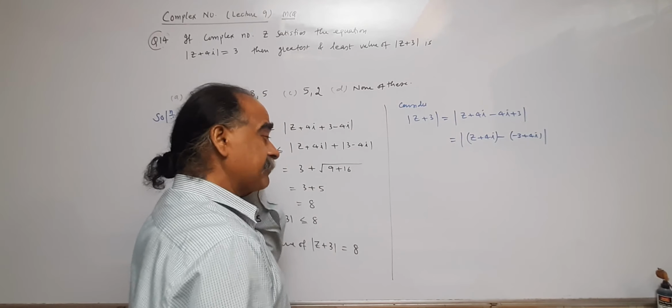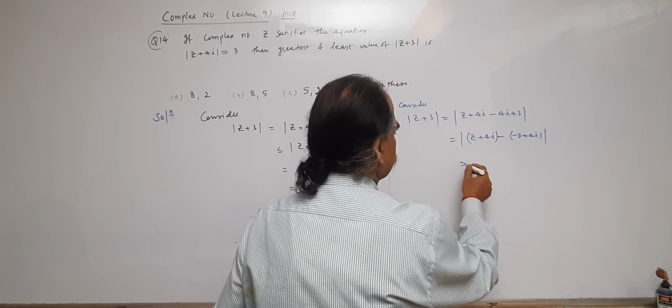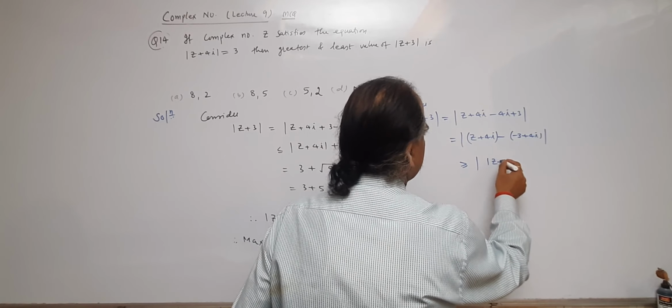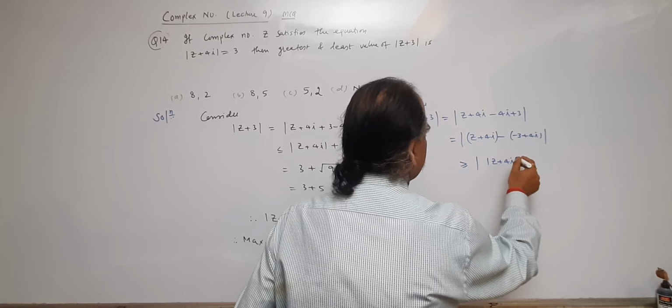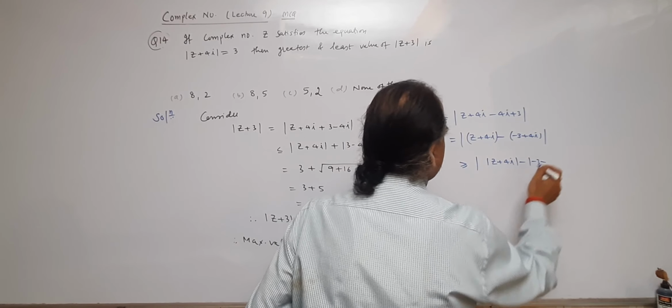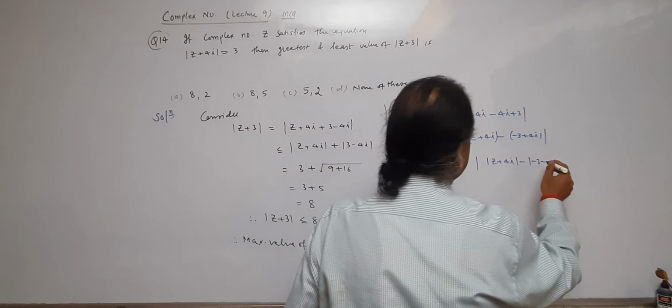So whenever it is subtracted, this is greater than or equal to modulus of z plus 4i minus modulus of 3 plus 4i.